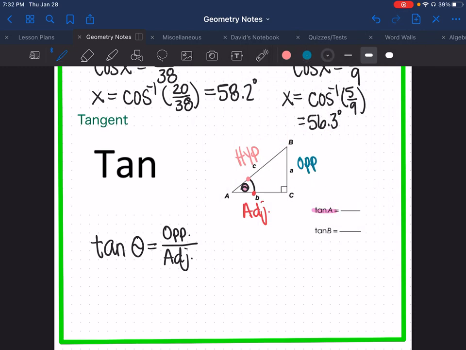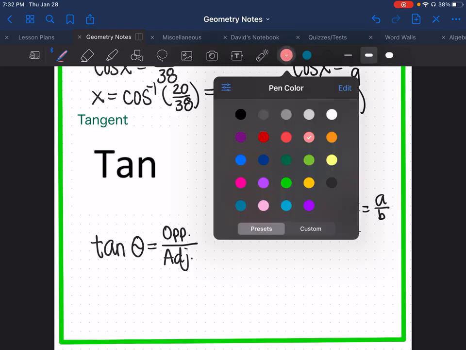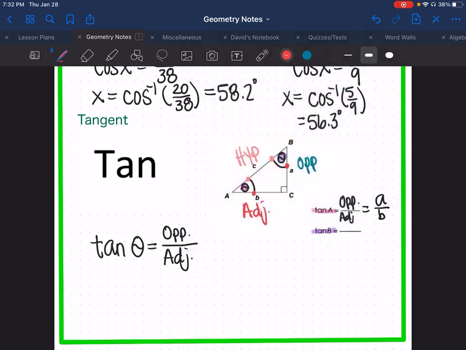So my tangent would be the opposite, A, divided by the adjacent, B. If I switch my theta up here to angle B, my hypotenuse is not going to change, but my opposite will now become my adjacent, and my adjacent will now become my opposite.